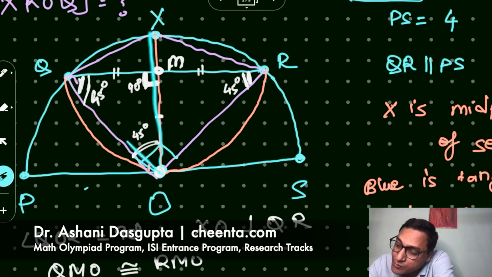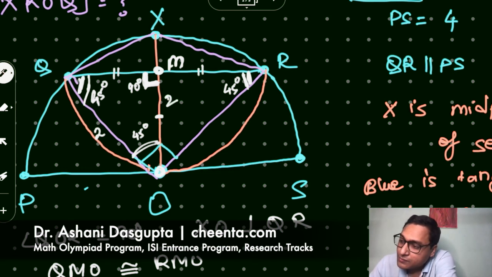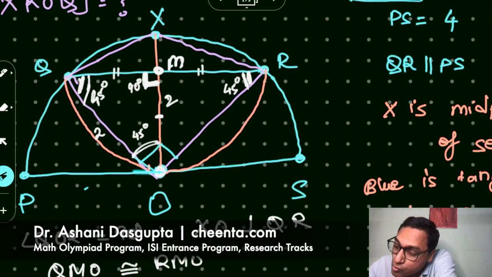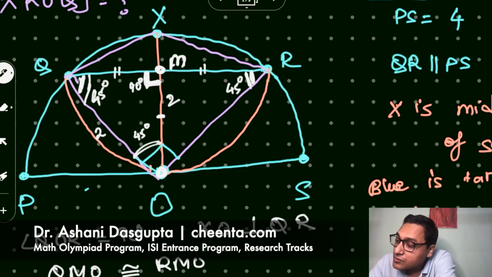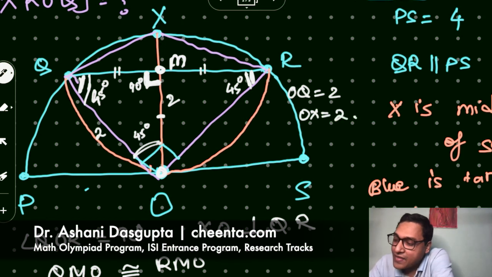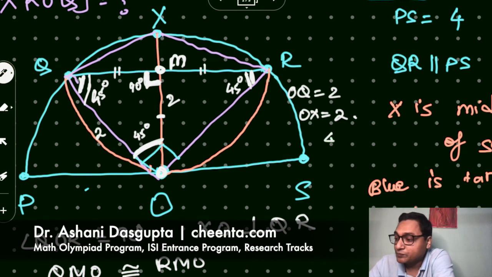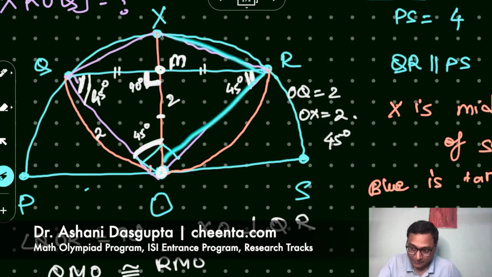We know that this is 2 and this is 2, because PS is 4, so the radius has to be 2, and OQ is the radius, OX is the radius. So OQ is 2, OX is 2, and the angle right here is 45 degrees. You can use the sine rule to compute the area of the triangle and double it to find the final area of this quadrilateral.